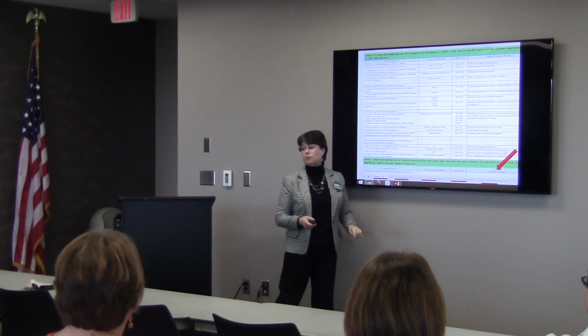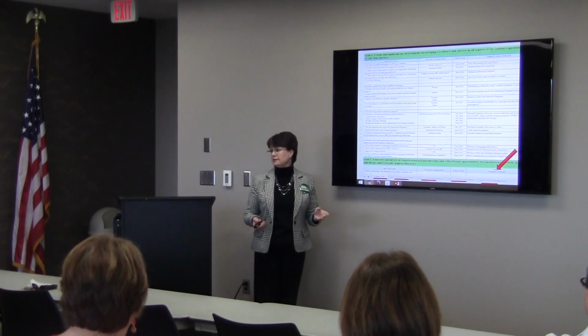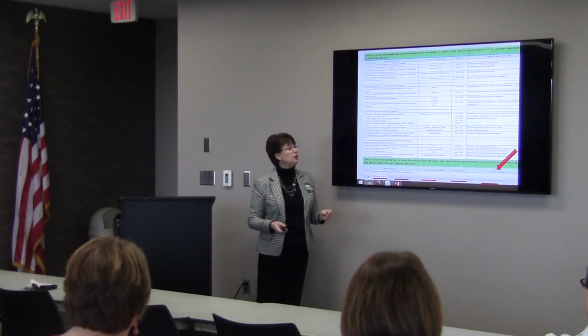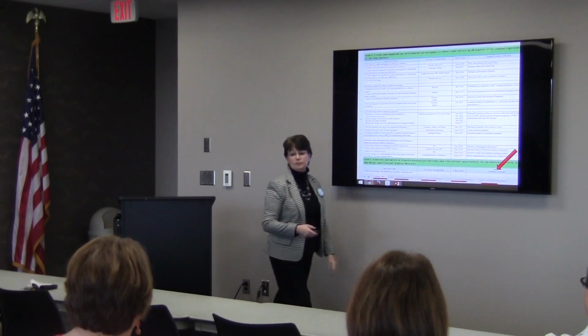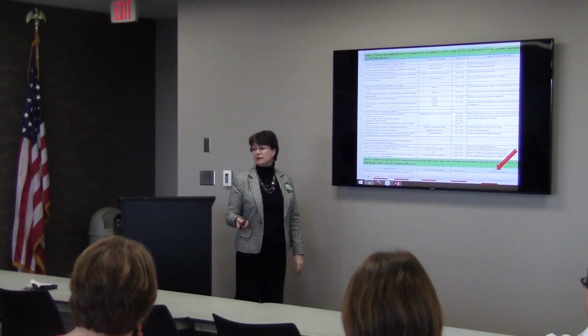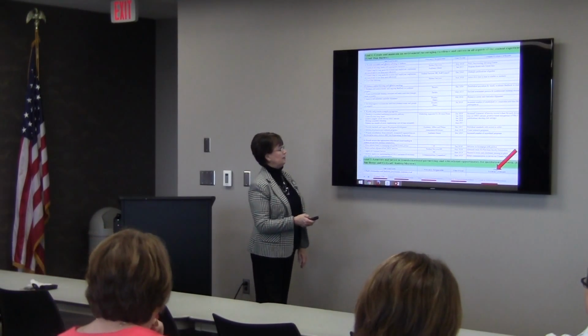So, if there's a concern that you feel hasn't been addressed in a timely manner, you might want to check and see what the date is, because it's probably something that will be addressed but may not be on the early schedule.